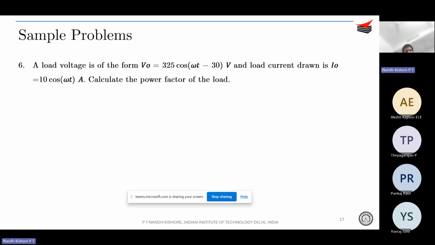A load voltage is of the form V naught equal to 325 cos omega t minus 30. Load current is I naught 10 cos omega t. Calculate the power factor. So you see that your load voltage is lagging. Voltage lags current, or current leads. Therefore, it's a capacitive load, an RC load.